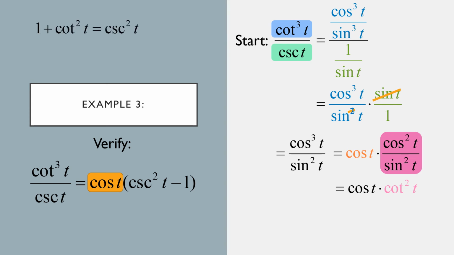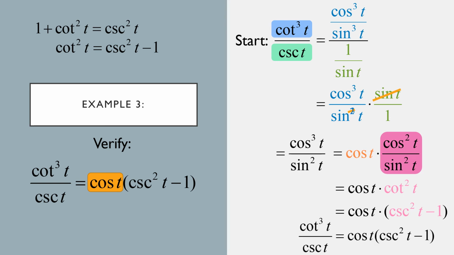And if you pay attention to what we want on the left side, I am going to look at a Pythagorean identity to find a substitution for cotangent squared of t. And it's exactly what I need. We have proven that the left side of this identity is equivalent to the right side of the identity.